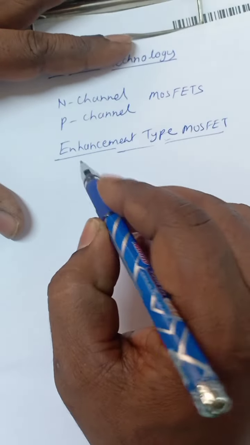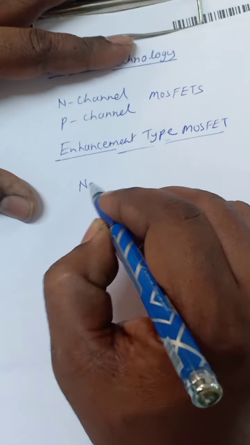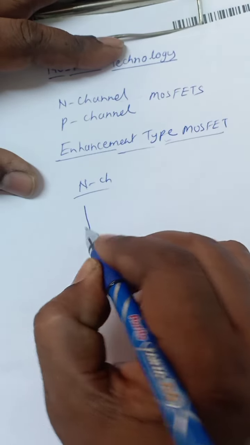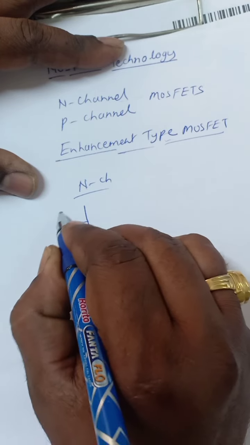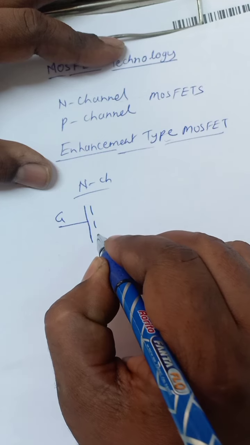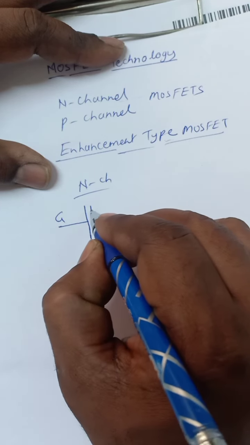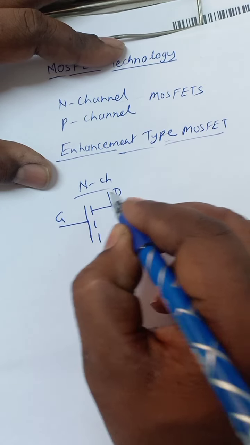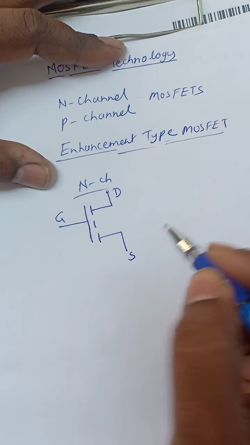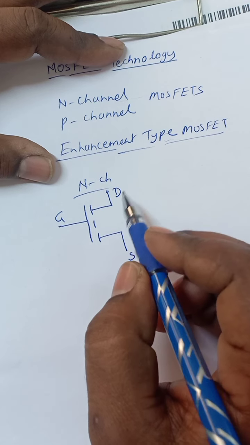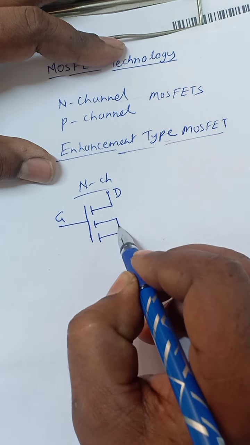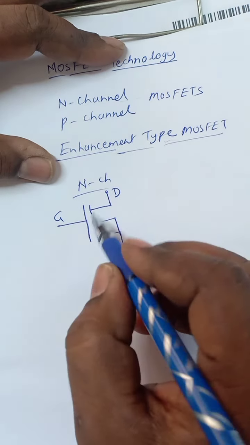The symbol of N channel MOSFET is like this. So this is the gate. This indicates the drain, this indicates the source, and this one indicates the shield, which is internally connected to the source terminal.